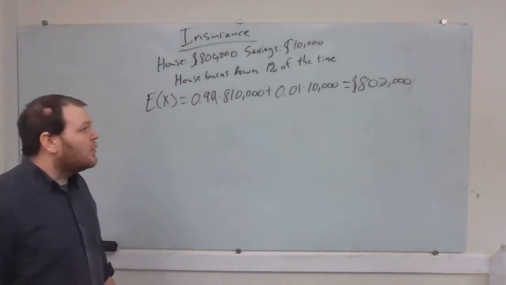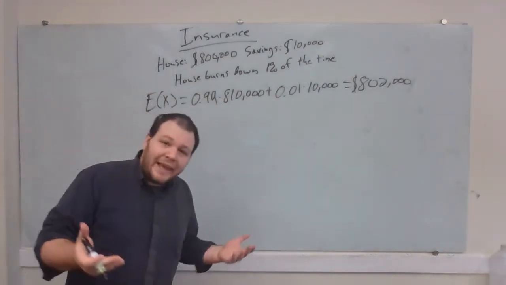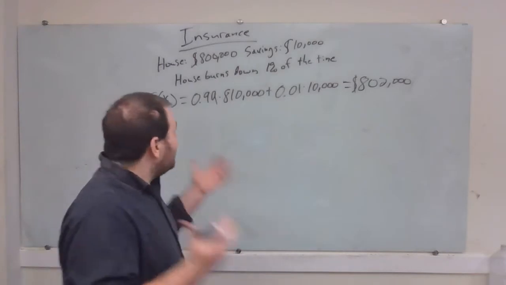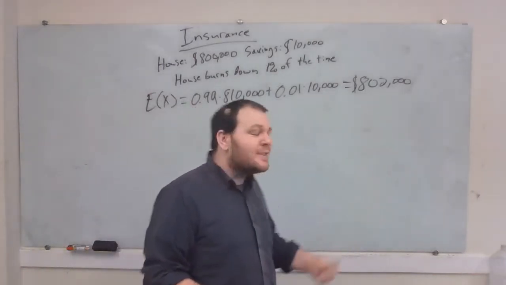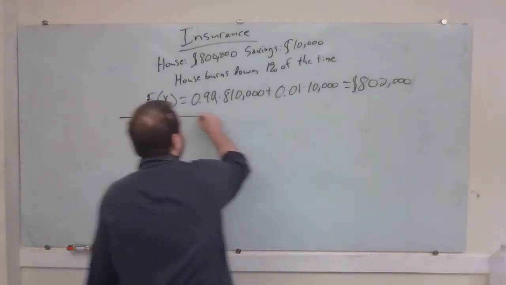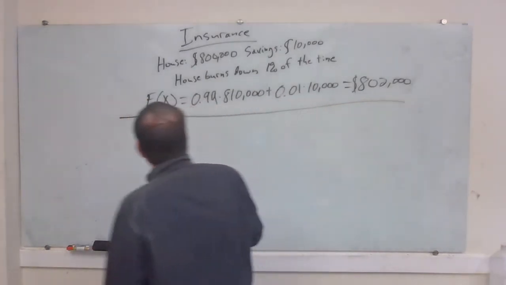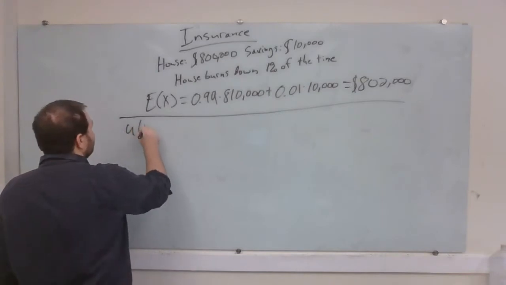What about if we wanted to know your expected utility under this circumstance, taking into account the fact that you might value your first dollar more than you value your last dollar? Let's stick with the same utility function we had before.